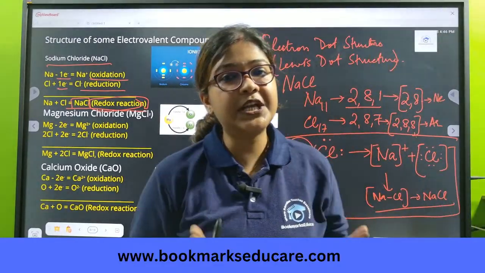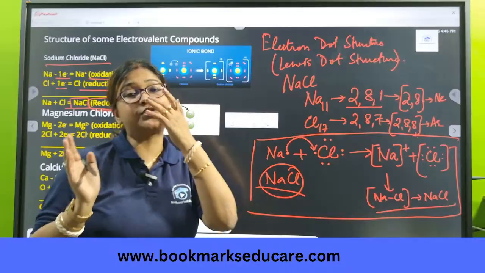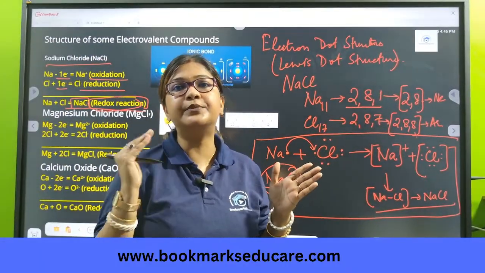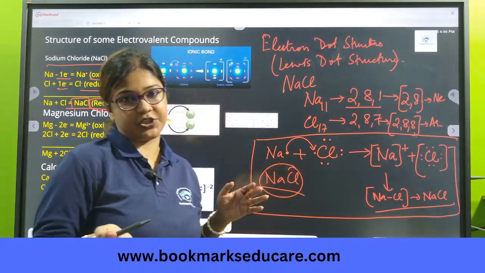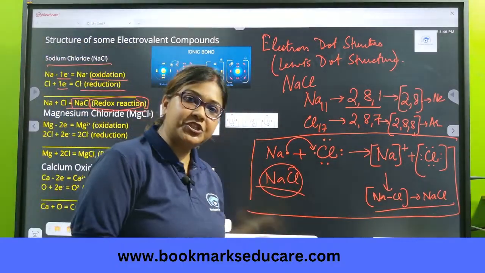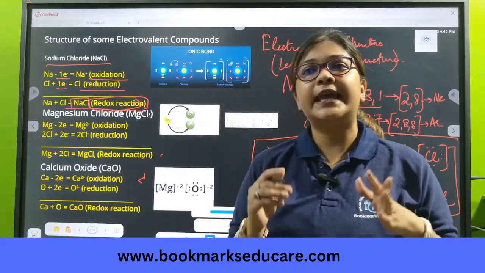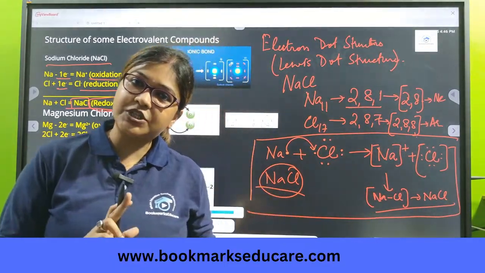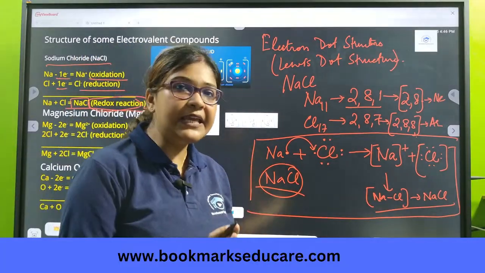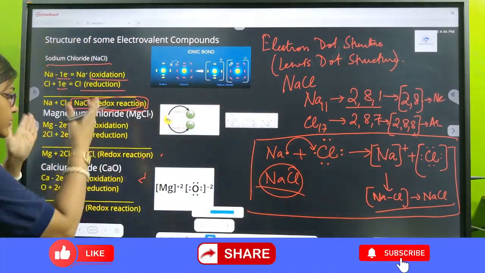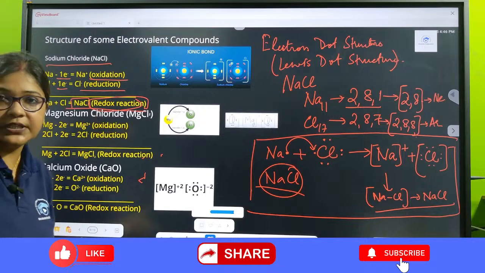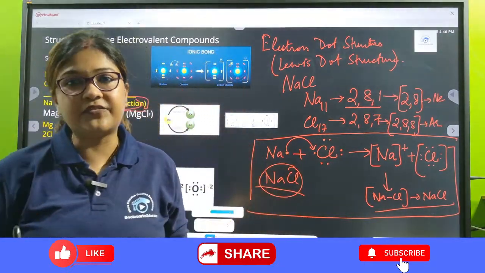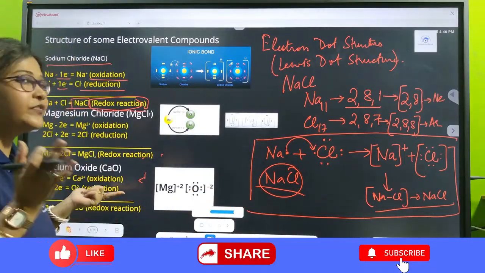So the generation of ionic compounds or electrovalent compounds can be considered an example of redox reactions. If questions come in this way, that electrovalent compounds are generated by redox reactions, justify it with this example or representation.